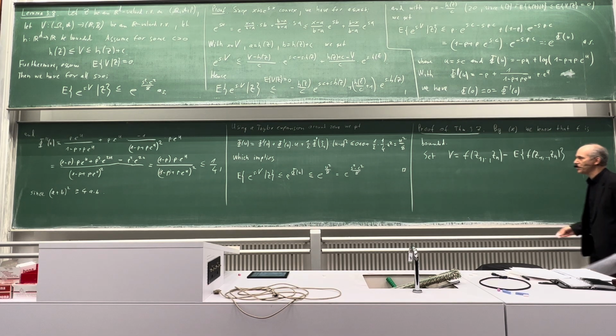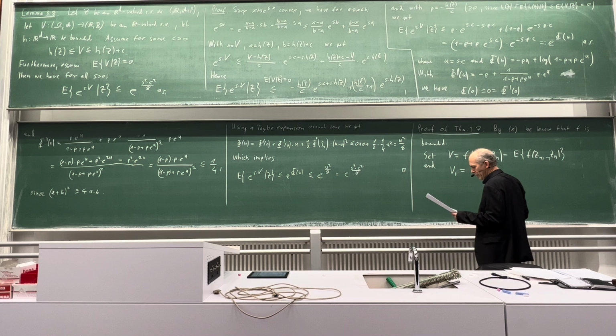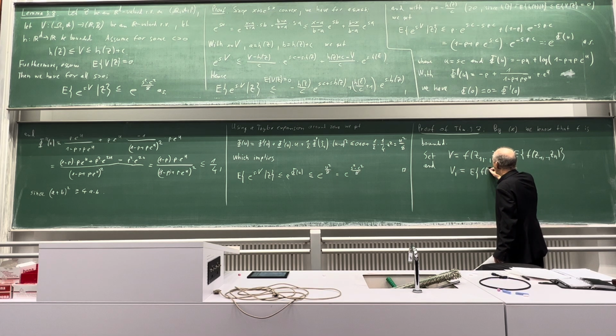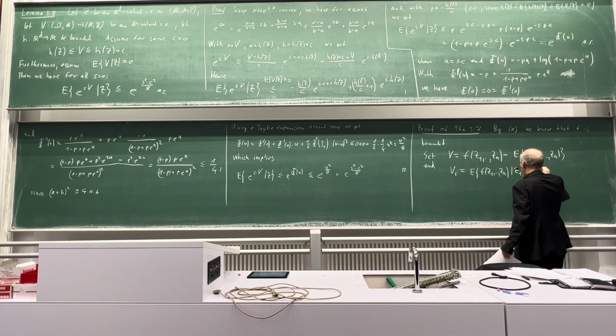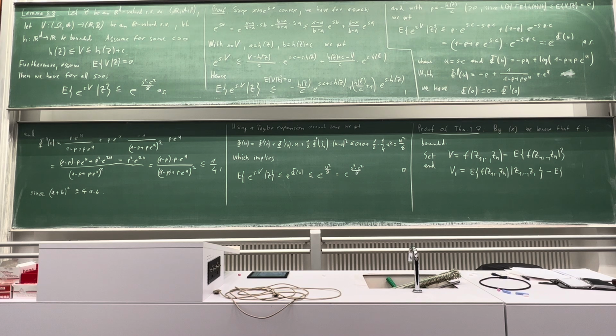And I introduce some more random variables: V_i is the expectation of f of Z_1 to Z_n given Z_1 to Z_i, minus the expectation of the same random variable given Z_1 to Z_{i-1}, for i equal 1 to n.